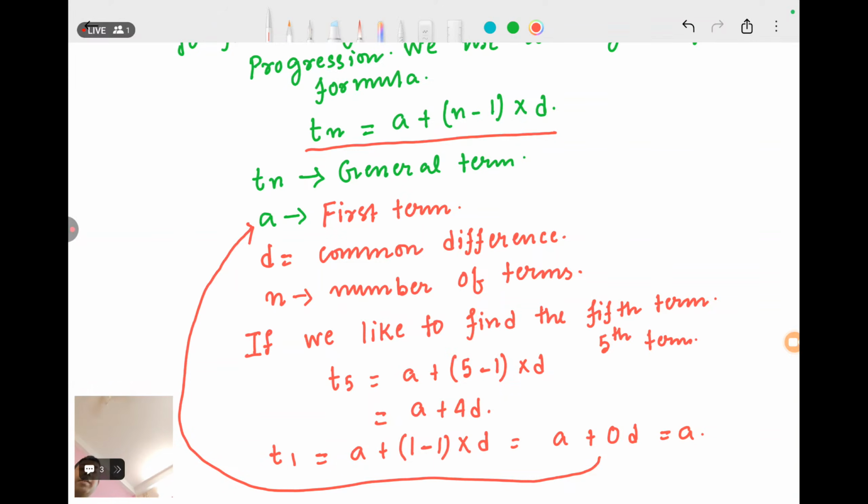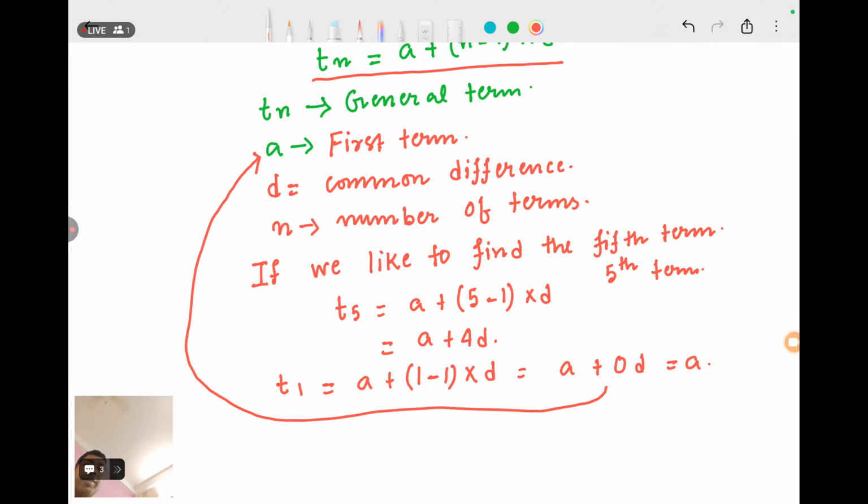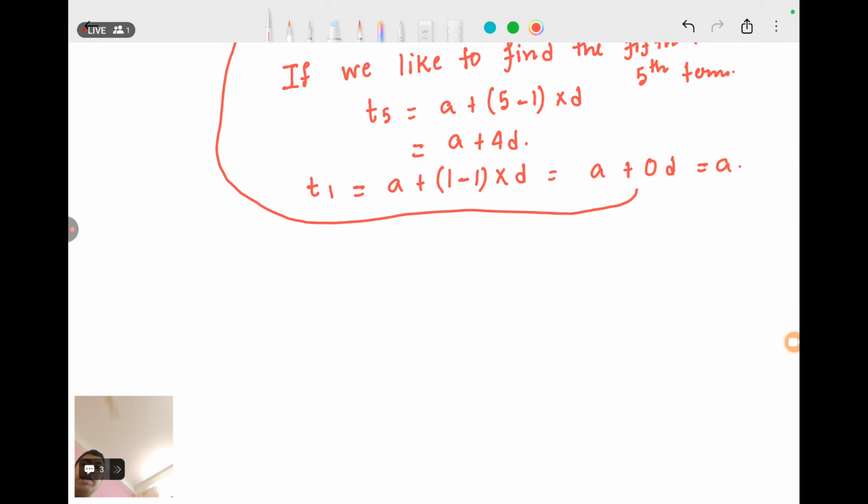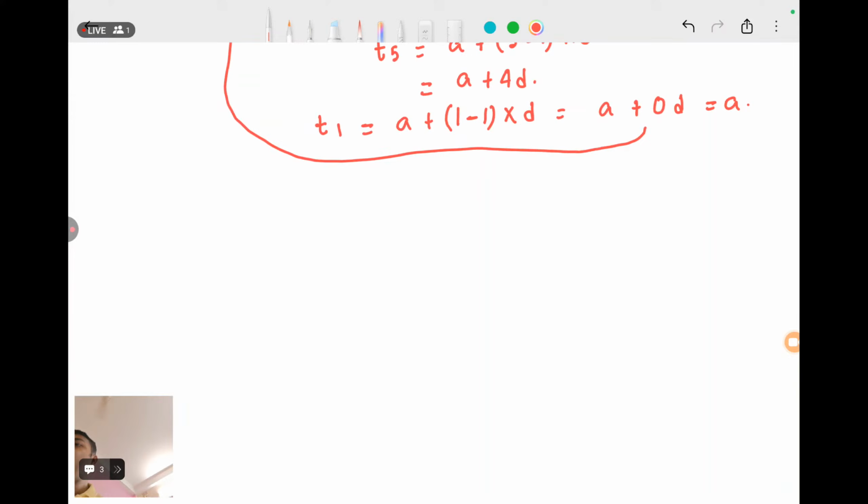Now I am going to tell you, when the common difference d is greater than 0, then the AP, arithmetic progression, is increasing in nature.